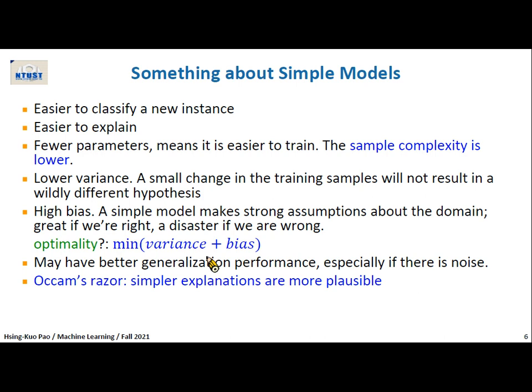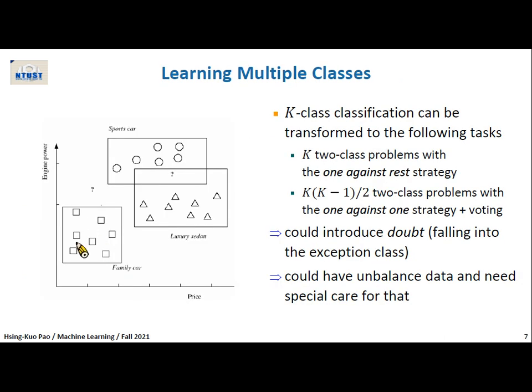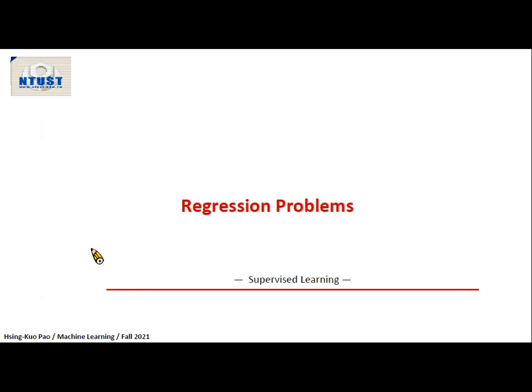Later we'll talk about Occam's razor: we want to make sure that the model is not too complicated given the data. We don't want to introduce unnecessary complexity. So that's Occam's razor.